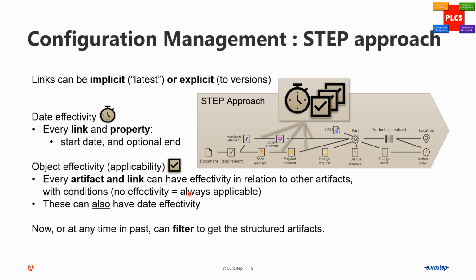But you could have an object effectivity, where a link is only effective in relation to a particular object. And these object effectivities can also have their own dated effectivity. So your link can be effective for a particular artifact for a particular date range.